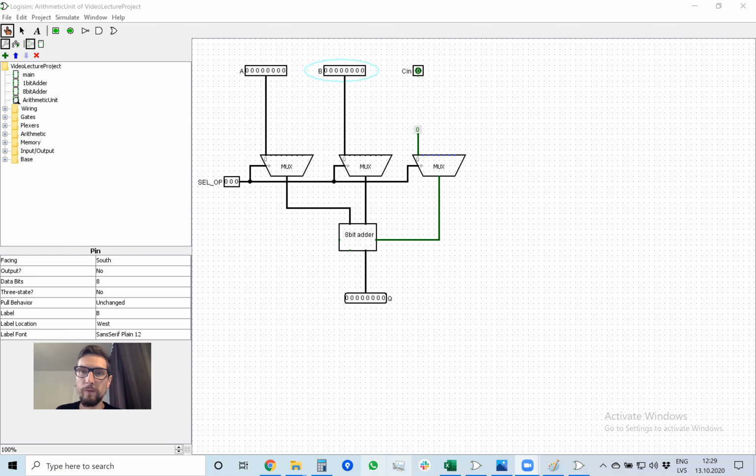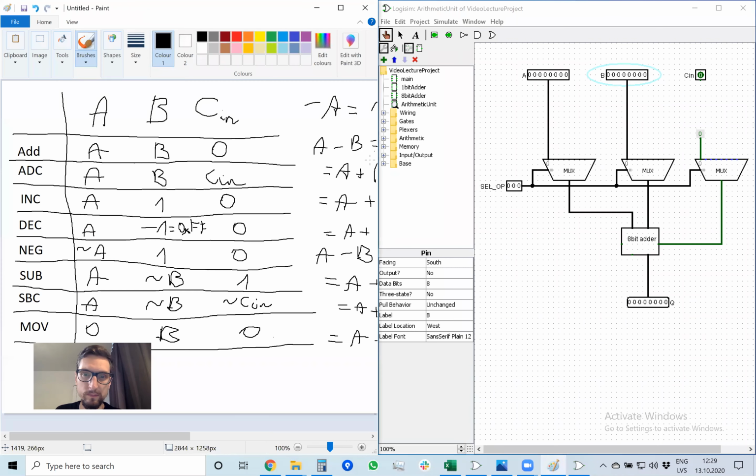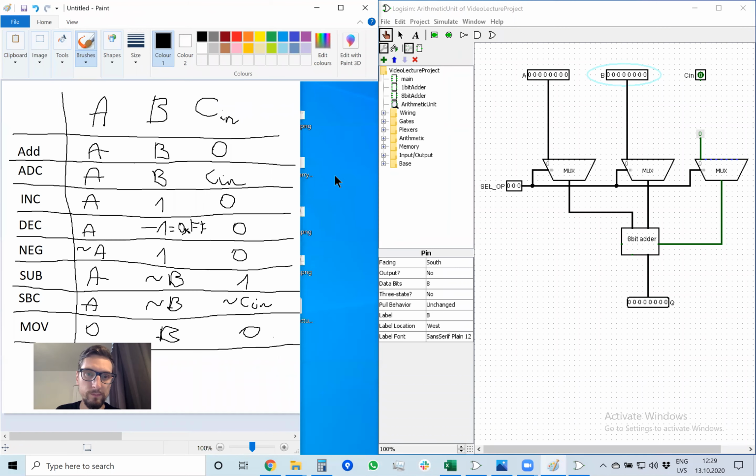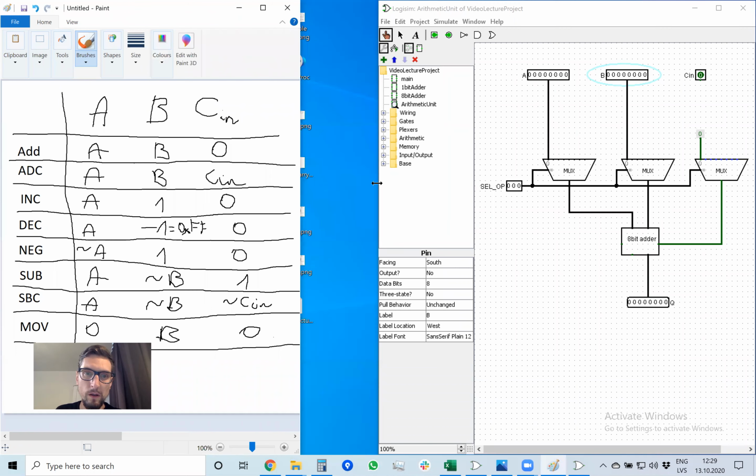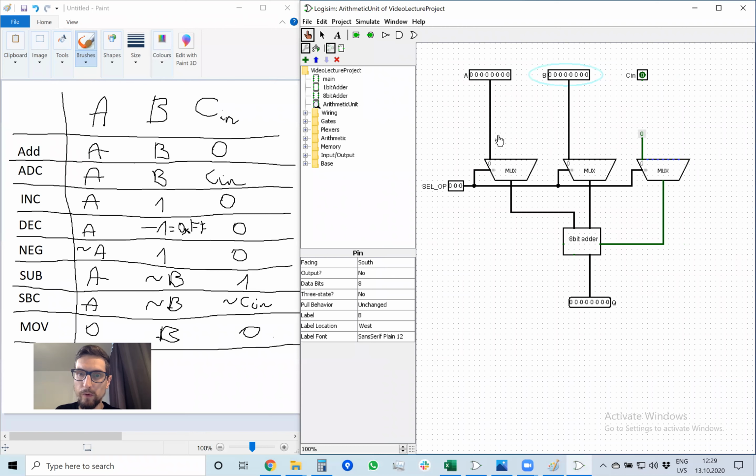So to perform addition, A plus B, for example, we select operation 0, 0, 0. It means A, B, and 0 are forwarded, so it's just A plus B. Let's say A is 15, B is 28, 15 plus 28, 43.